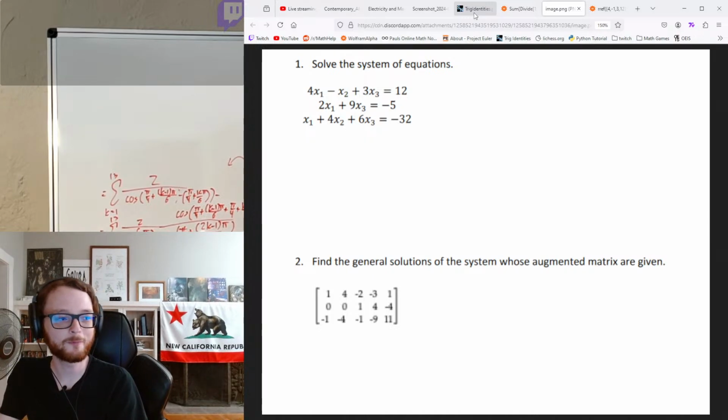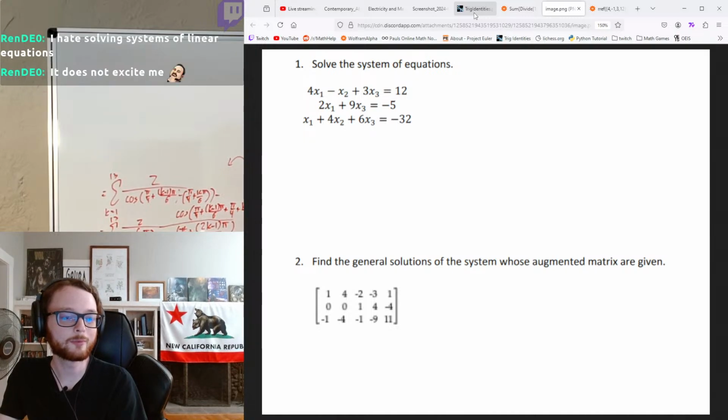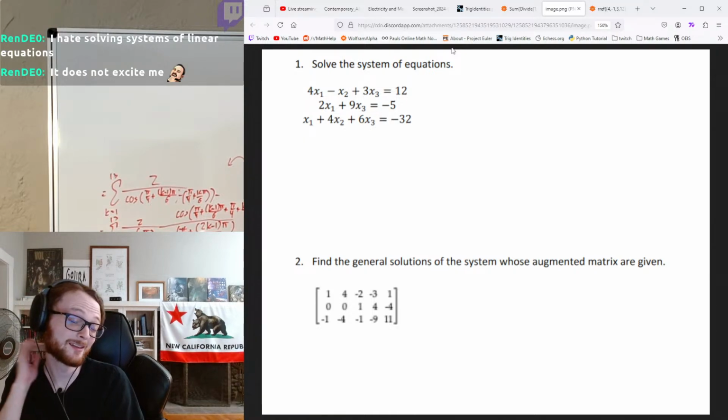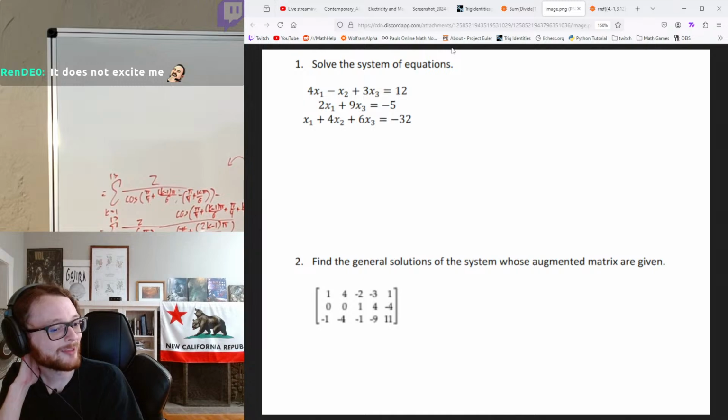I think a system of equations has an important use case. It's good to know how they work, because they do come up. I don't know. You hate solving systems of linear equations, it does not excite me. Yeah, I agree. It's really boring. I feel like students shouldn't be tested on super tedious ones that are just better done by a computer.